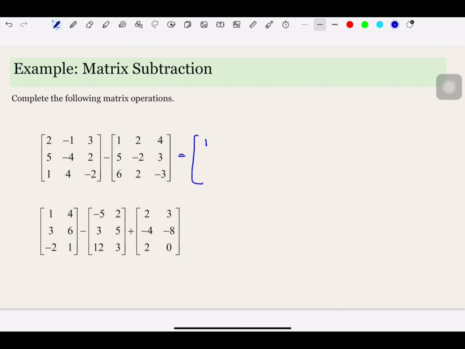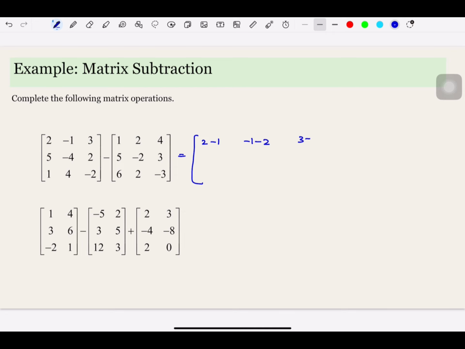And then here you have to subtract -1 from 2. So let me write the calculation, in that way you know how to do this. So 2 minus 1, then you have -1 minus 2. Let's remove the brackets.